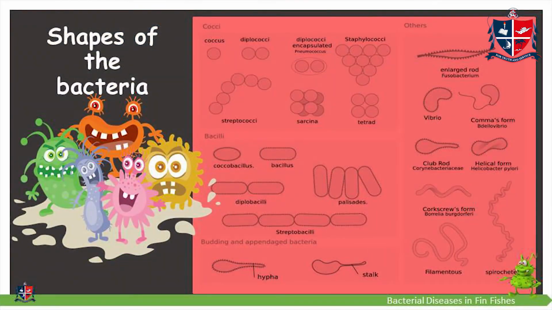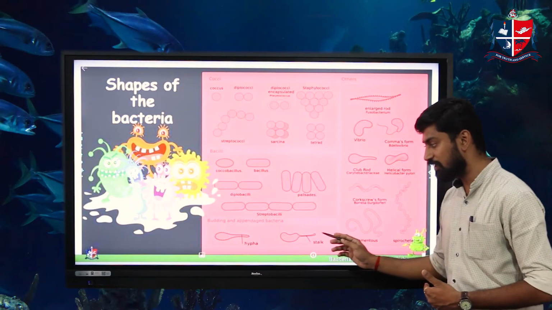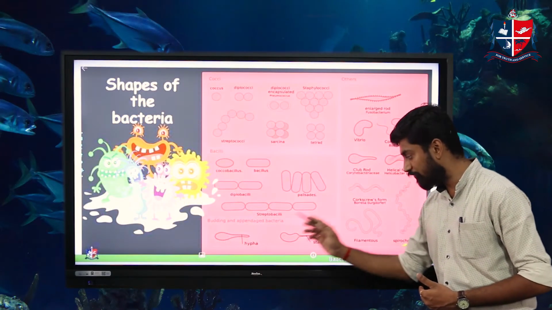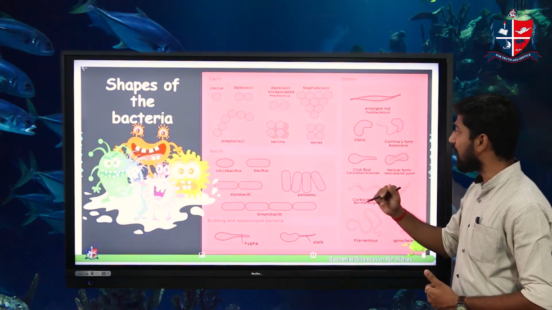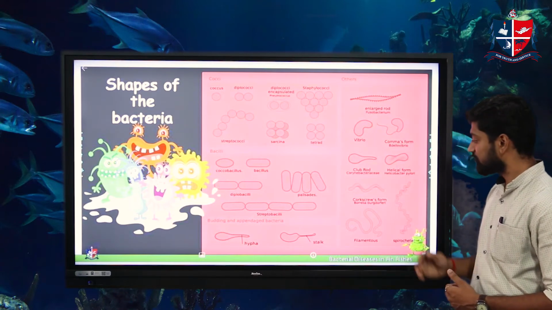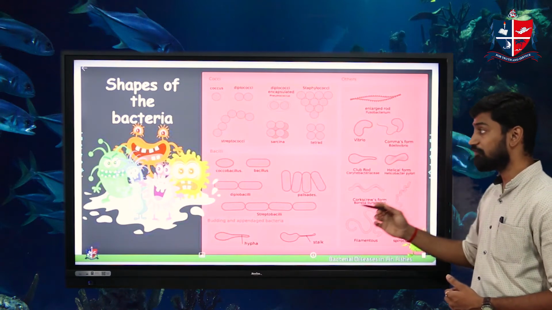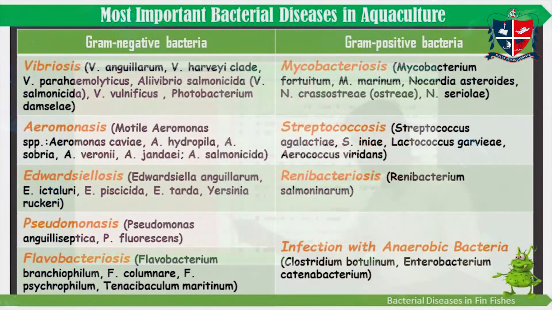There are different shapes of bacteria. This image indicates the shapes of bacteria. This is coccus shape, it is round in shape, and this is bacillus shape, and this is budding bacteria, the bacteria having hyphae or stalk, and enlarged rod bacteria, then curved vibrio bacteria, spirillum bacteria, and different shapes of bacteria present in the aquatic environment.